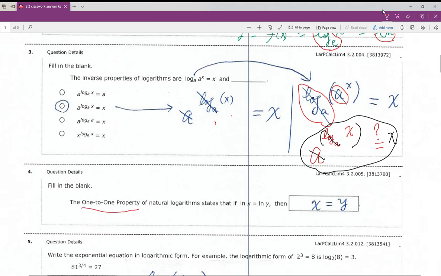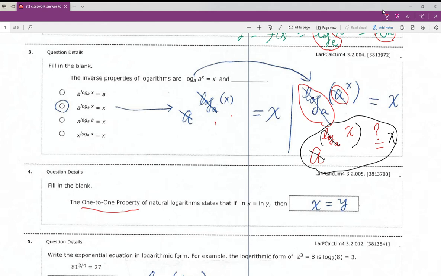One-to-one property. So when you have the same function, one input is x, one input is y. How do you have these two equal? The only possibility is x equals y, because the logarithmic function is a one-to-one function.